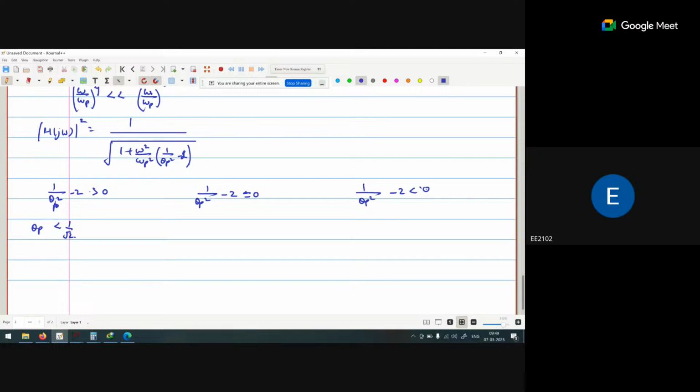If the value is less than 1 upon root 2, this value is greater than 0, so it becomes 1 over root of 1 plus... oh sorry, it is not a square. If I take a square, I have to remove this square.